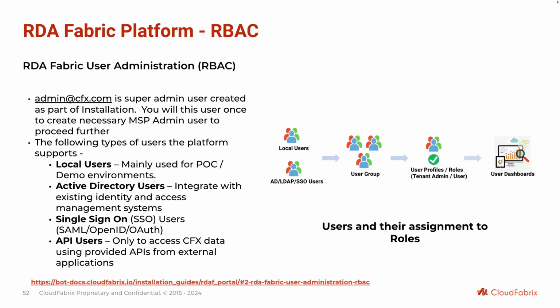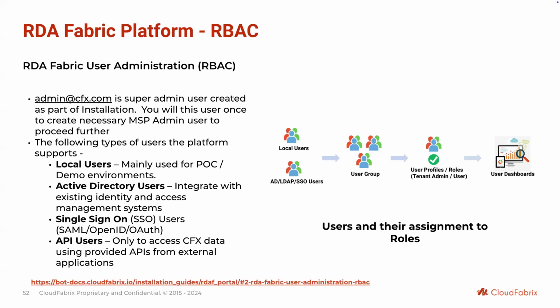By default, it comes with local user support for POCs and demos, and even for development purposes you can use these local users. But for production deployments, it is highly recommended to integrate with your IAM tools, identity and access management tools, such as Active Directory and single sign-on. We support SAML-based OpenID or OAuth.